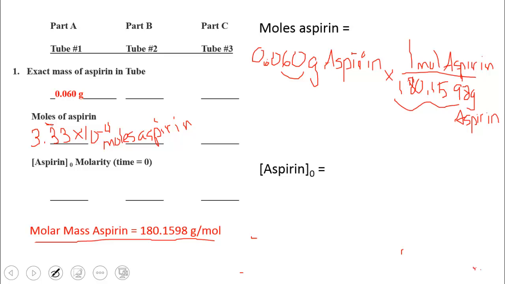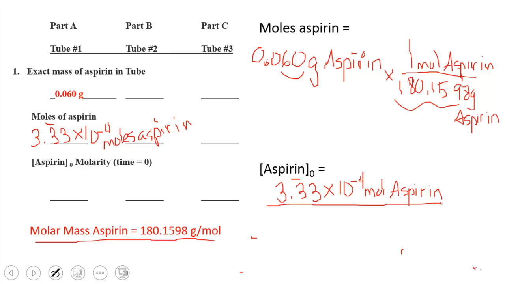Now, to find the molarity, or the concentration of aspirin at time 0, essentially the initial amount of aspirin that we have, you're going to take your number of moles and divide it by the volume of solution. In your lab procedure, it says to take the 60 milligrams of aspirin and dissolve it in 10 mils of water, or at least add 10 mils of water.